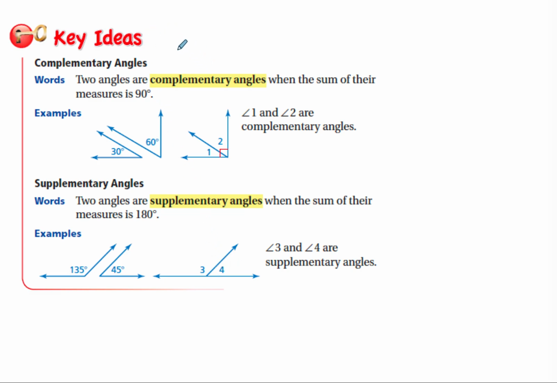So when I'm thinking about complementary, sometimes something that helps me is to think of the word corner. Corner, 90 degrees, complementary, and corner both start with the same letter. And then supplementary, I think of a straight line.